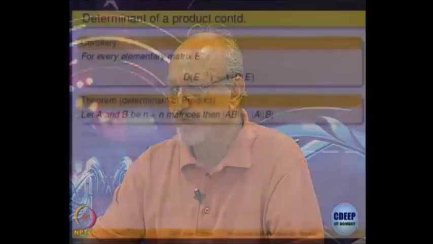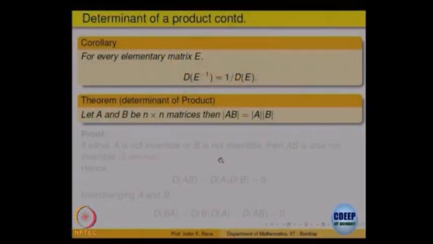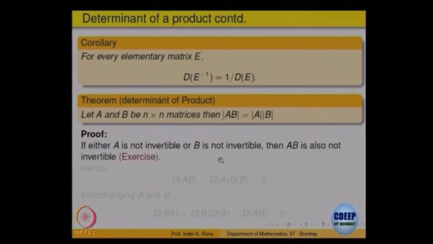Okay. So, now we come to the fact that the determinant of AB is equal to the determinant of A times the determinant of B. The proof is quite simple. There are two possibilities. One, either A is not invertible or B is not invertible, where A and B are square matrices.